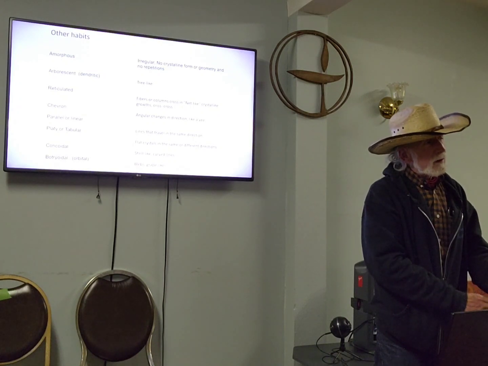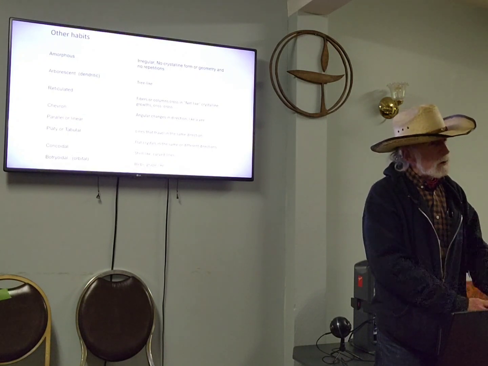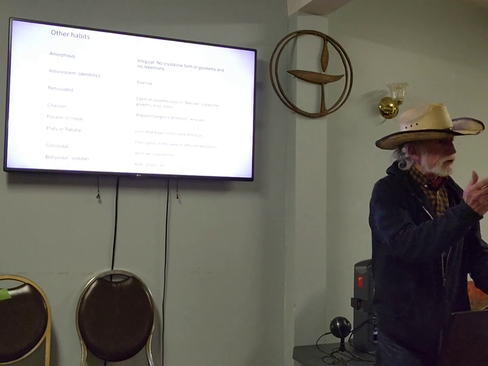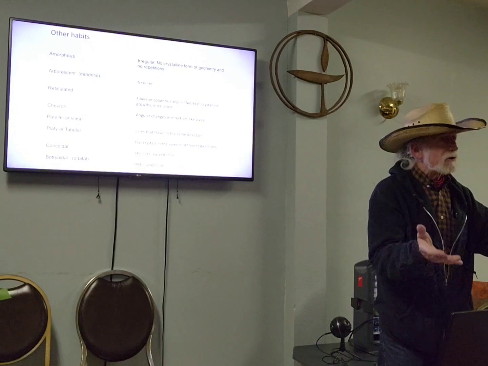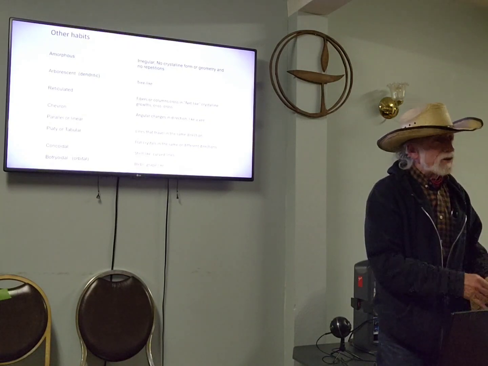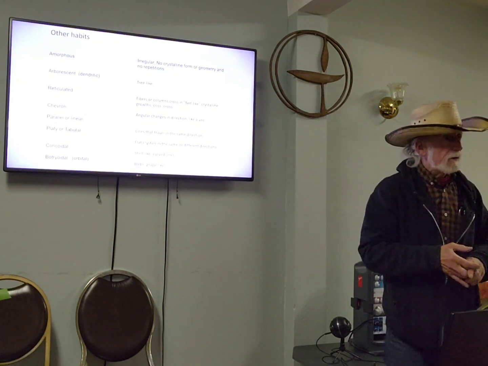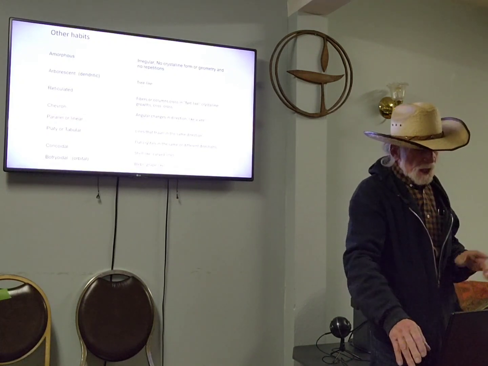It's like saying, okay, I'm going to divide everything into what's larger than a bread box, what's smaller than a bread box. What if you find a bread box? Then you can't put it in those 2 categories. Well, the same thing's true with platy and lamellar. Sometimes it's right in between, and you can use either term, as long as you know what you're looking at. That's the important thing. Just a helpful guide, all right?